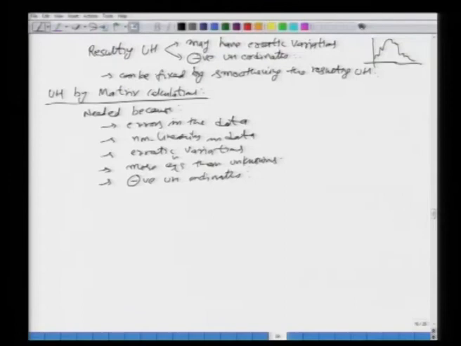So, these are some of the problems in the determination of the unit hydrograph for a complex storm.